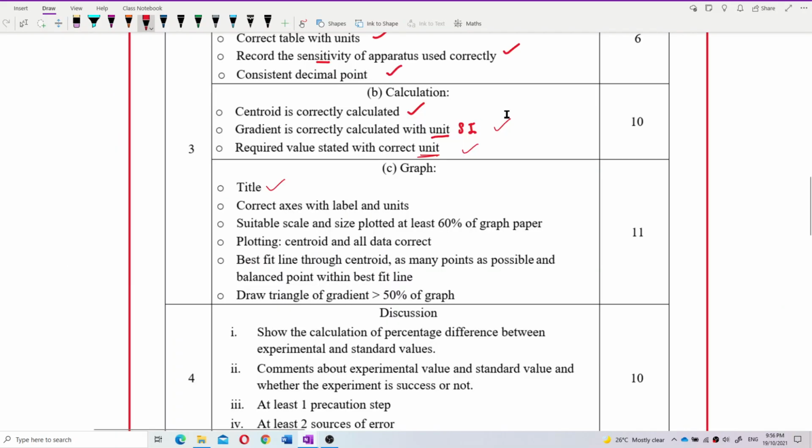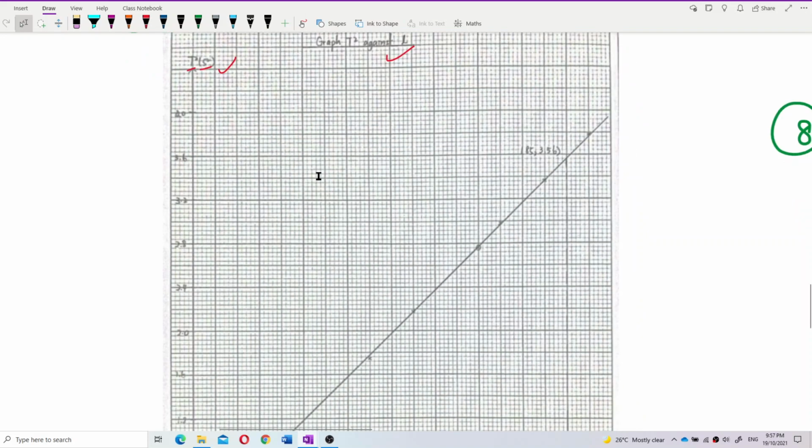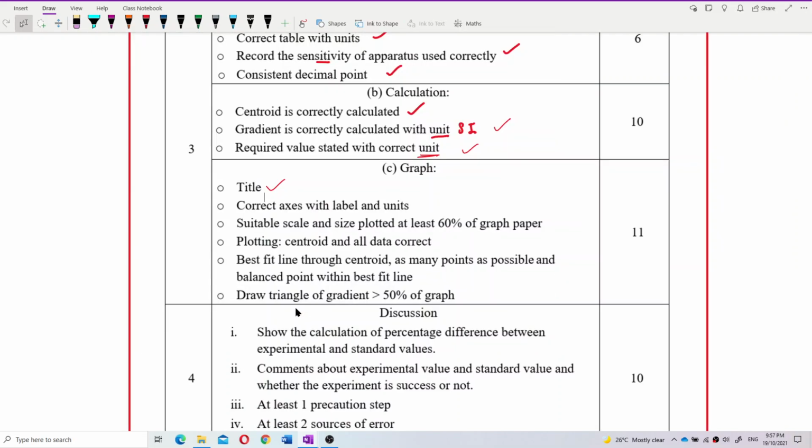Do you have the correct axes with labels and units? Okay, label and units. Yes, you got label, got unit. Some of you just put a label, no unit. Good. This one also has label and unit. So good. You got marks already.